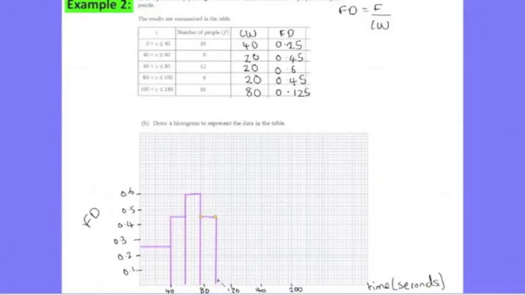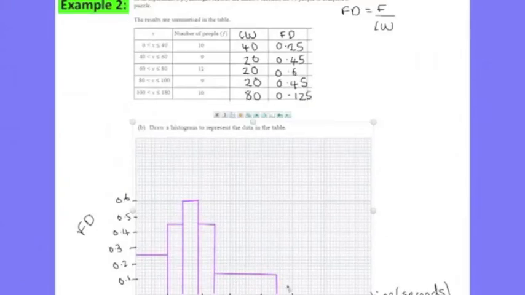And then lastly, from 100 to 180, up to 0.125, going across. Really make sure that all of our points join up as straight as possible. And here is the completed histogram.